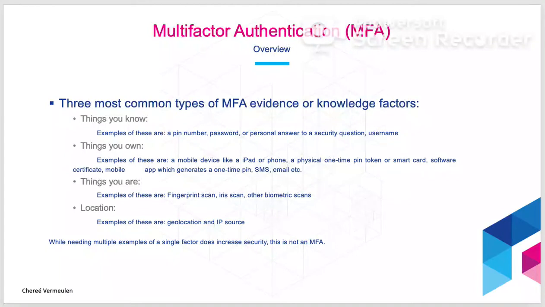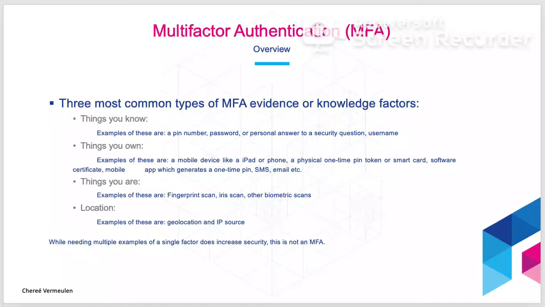Now, the three most common types of multi-factor evidence or knowledge factors are things you know, things you own, and things you are. Now, I've added in location because that is another one which is sometimes used. So examples of things you know would perhaps be a PIN number or your password, perhaps a personal answer to a security question, or your username.